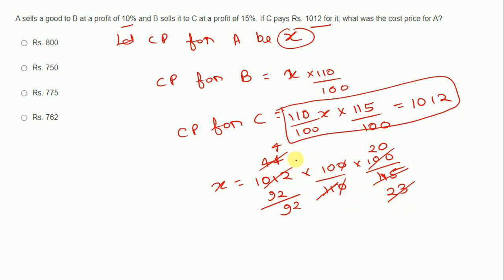We have to solve just the numerator part, which is 4 into 10 into 20, that is 20 into 10 is 200, into 4 is 800. So option 800 is correct.